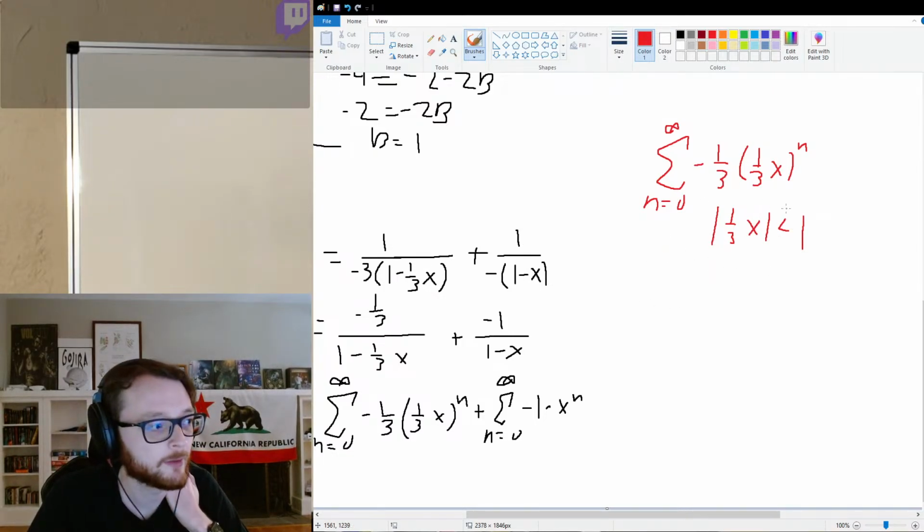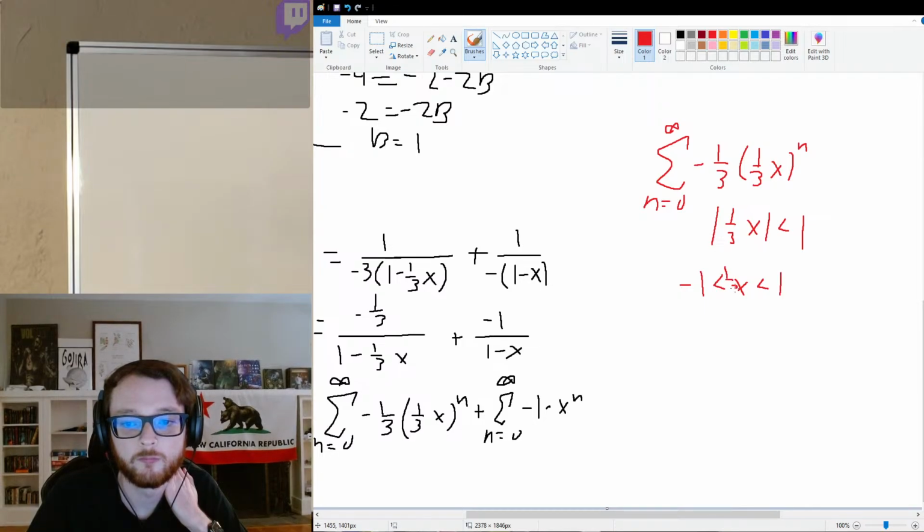This one, we don't have any weird things with powers of x or negative signs, so let's just break out the absolute value. Now multiply everything through by 3 to get negative 3 is less than x is less than 3. So that's our interval for one of these.